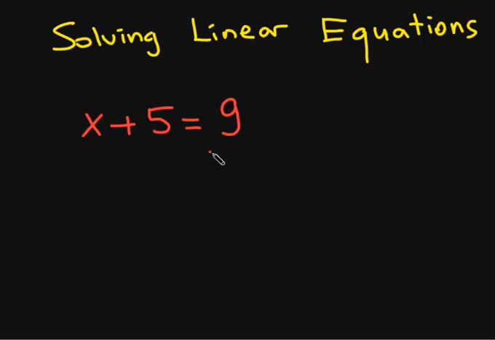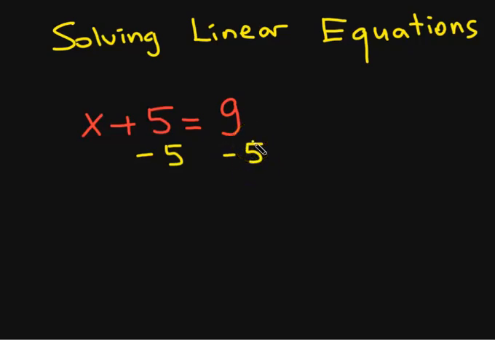To get rid of 5, we need to apply the inverse operation. The inverse of plus 5 will be minus 5. So we need to subtract 5 from both sides.